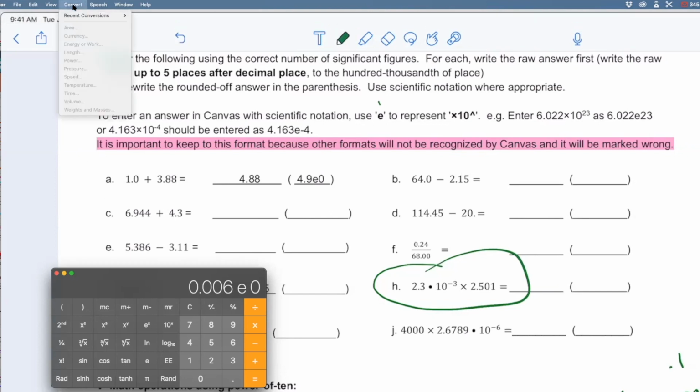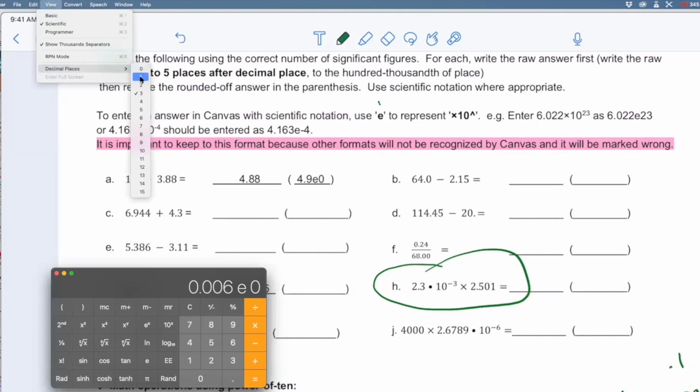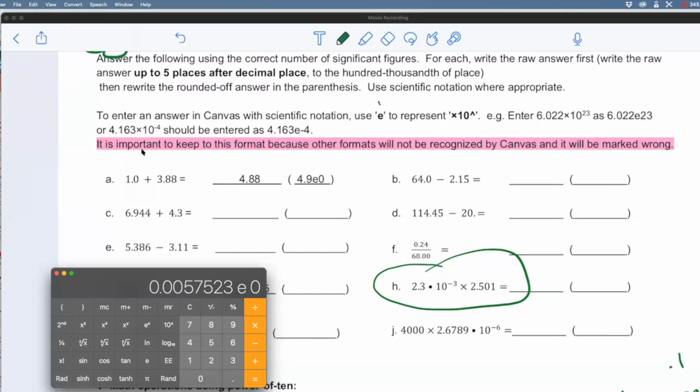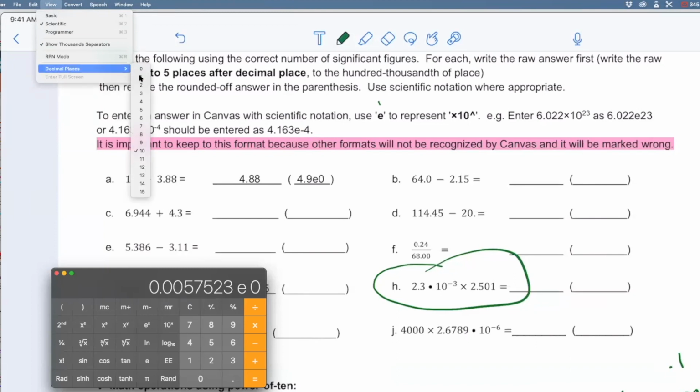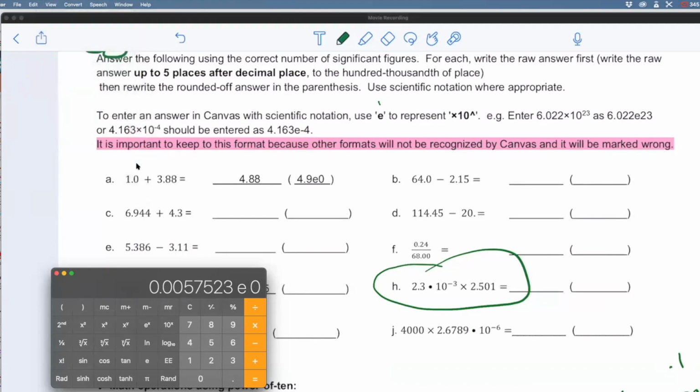I think I can go over here. Okay, I'm going to make this 10. There you go. If you've got a Mac, you've got a calculator there. You just have to find how many digits to view right here. And then you can see that's what you would write down right here as your raw data.